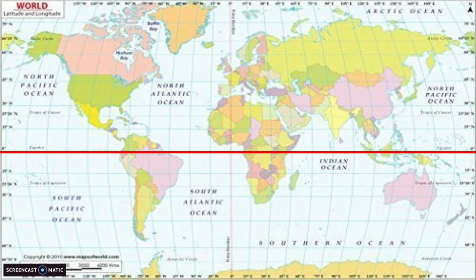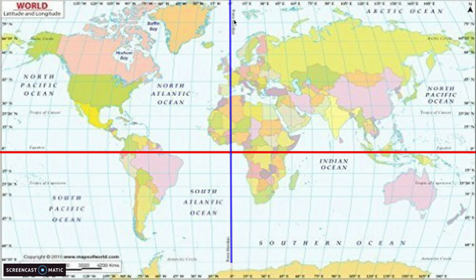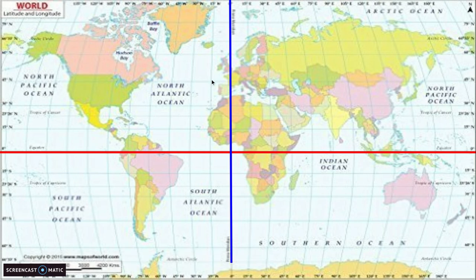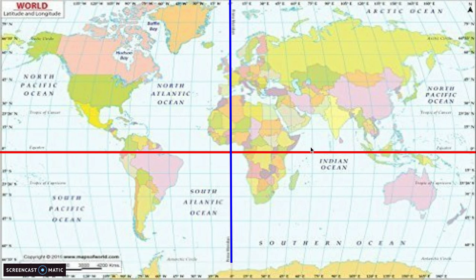Now we have to find the prime meridian. Again, the prime meridian is 0 degrees longitude. I see it. We're going to color that one blue. So we found the prime meridian. And once you find the prime meridian, you will be able to determine the western hemisphere and the eastern hemisphere.